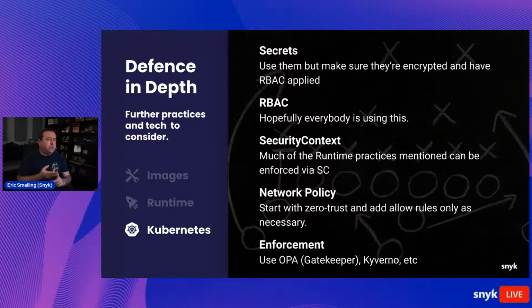Most managed Kubernetes now default that to their own encryption key management systems. And use RBAC with your secrets. The whole point, honestly, of a secret object, as opposed to a config map object, is the fact that you can apply separate RBAC to it. And yeah, there are other idiosyncrasies about the encryption and whatever. But in general, make sure you're using RBAC with your secrets so that only the right service accounts and things can get at those secrets.